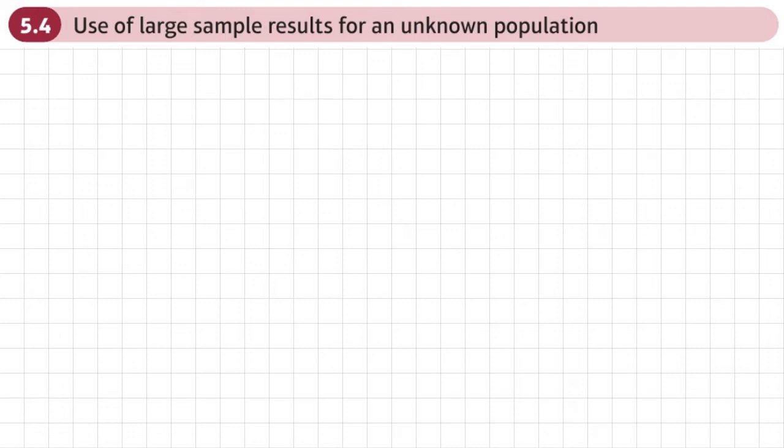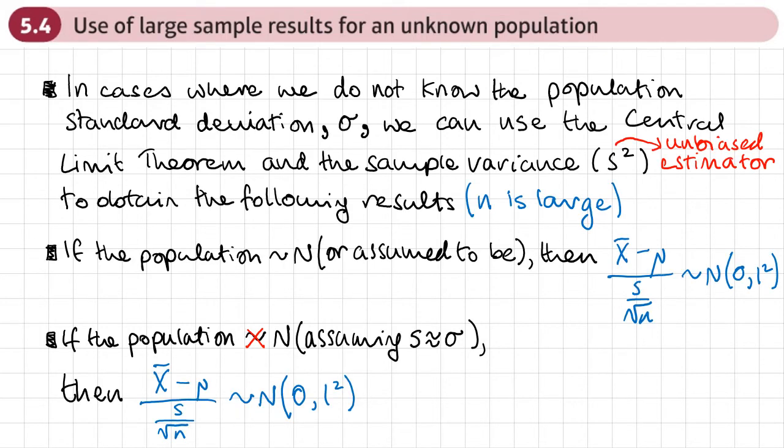This is the fourth and final section of chapter 5, and this section is about using large sample results for an unknown population. Now, there are some cases in which we do not know the population standard deviation.